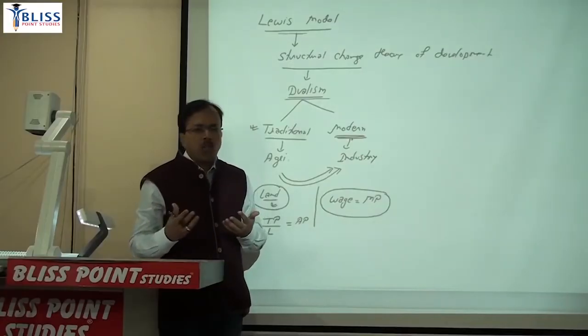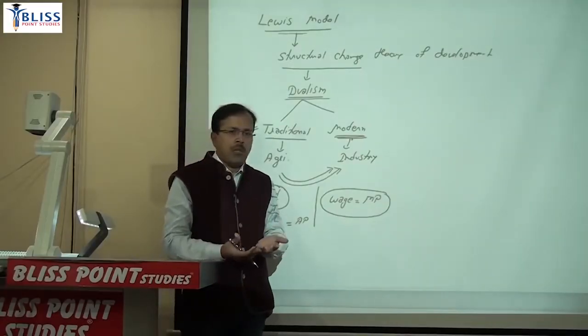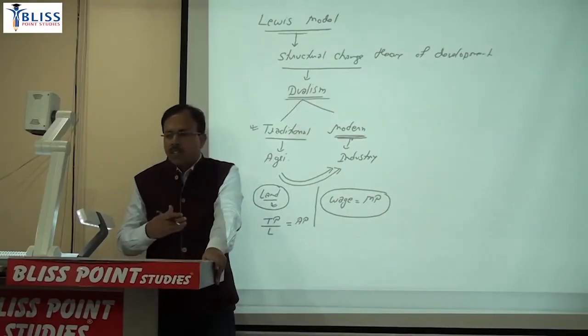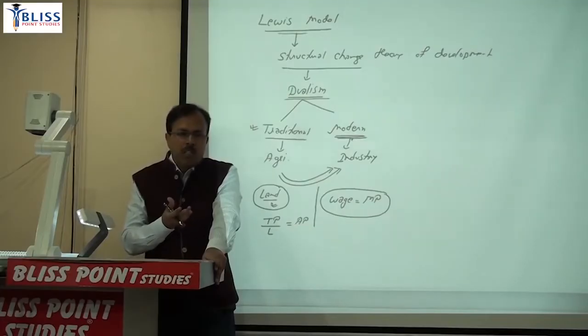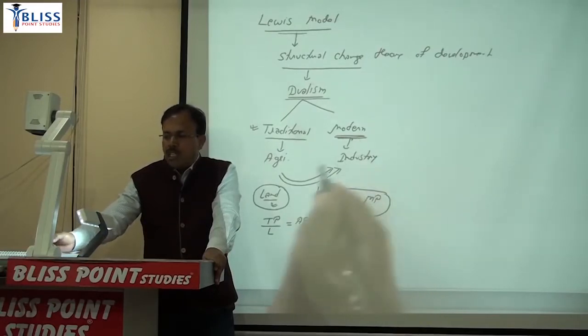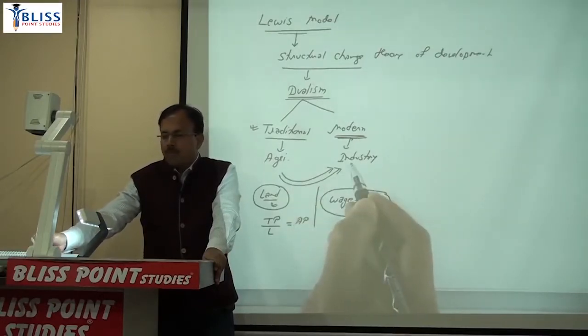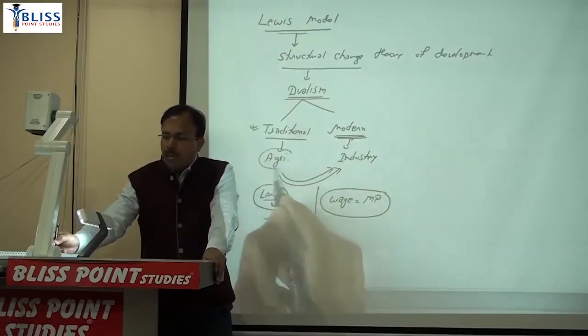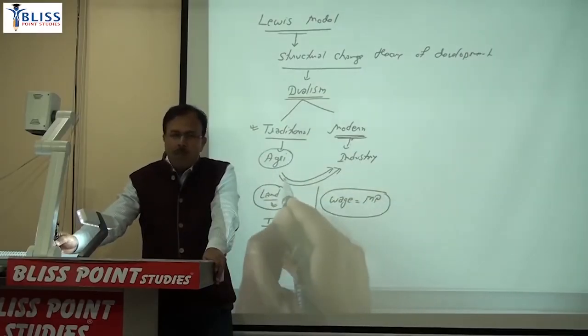If plants and machinery are not being set up in industry, then obviously there will be less demand for labor. If you relate it with the current environment also, if there is no industrial production, there will be no more jobs created. So if there is less capital accumulation in the modern sector, then less labor can be absorbed, which will leave more labor in agriculture, and therefore wages will be lower.